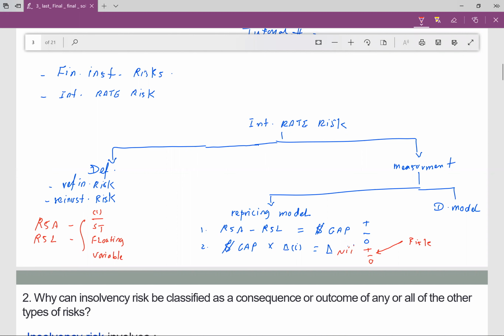Now, the second thing is, even if they are fixed, the maturity.